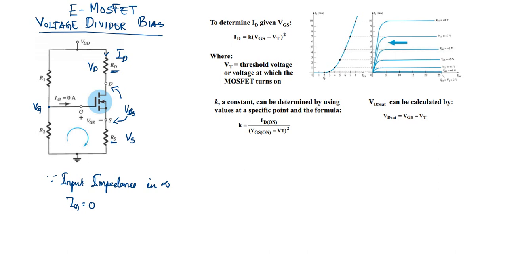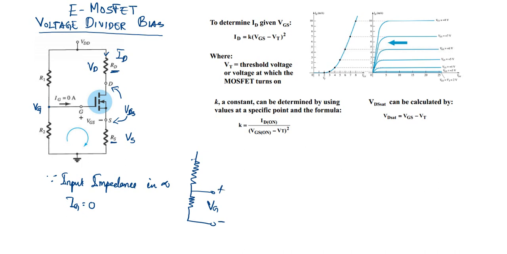We will start from this side. We will first analyze Vg. If you take the circuit from this side by considering this as 0, we have a voltage divider circuit. We are calculating this one. So I will just draw this circuit again, and you can call this voltage Vg.